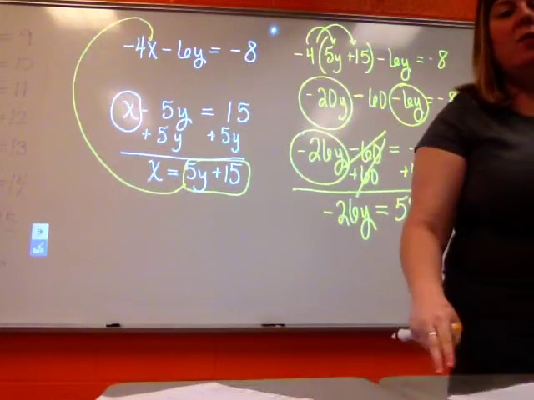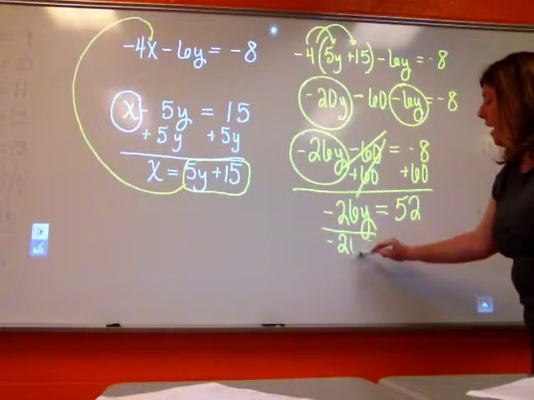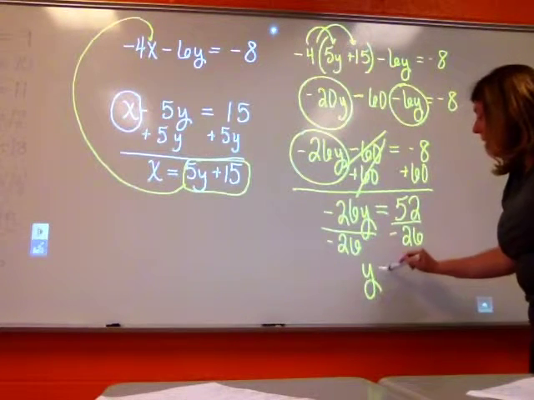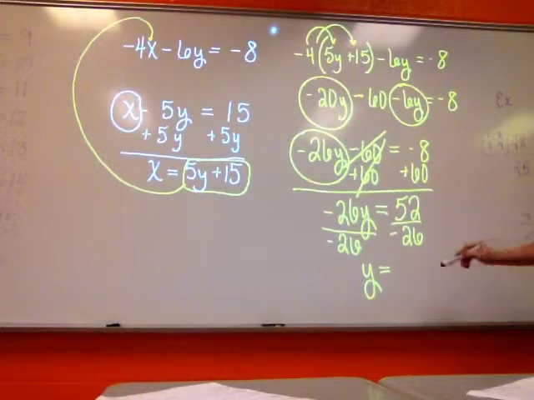And now that I know that that's going to be a one-step equation, I'm going to divide by negative 26, so that y is equal to 52 divided by a negative 26, which is going to be, I think, 2. Yep, a negative 2.